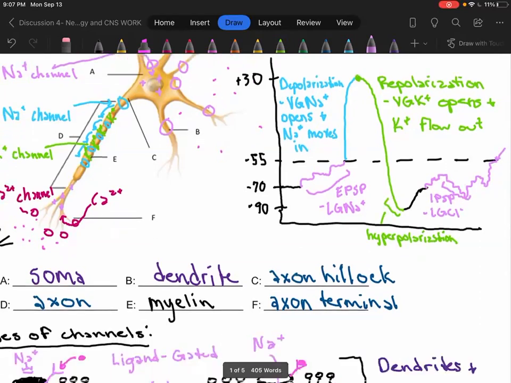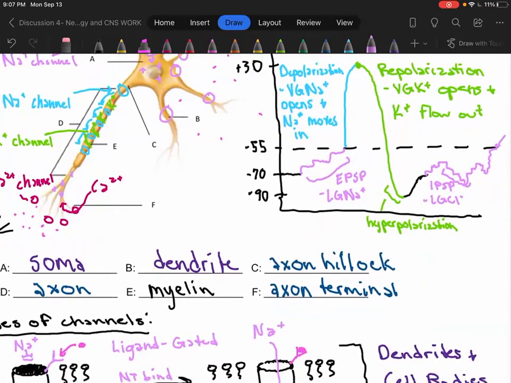So we have two different types of potentials. We have our action potentials and our graded potentials. And our graded potential has to be strong enough to reach an action potential. So everything you see above this line is an action potential, and it will only occur if we have a strong enough stimulus to hit threshold.